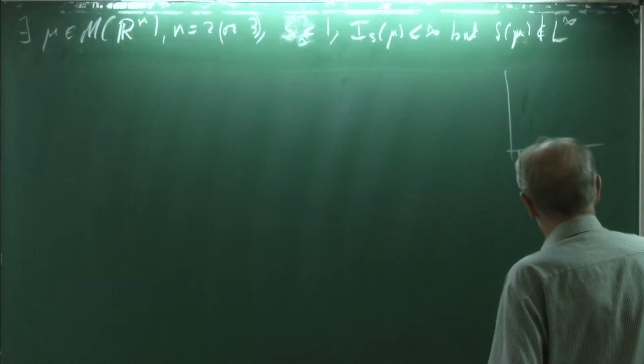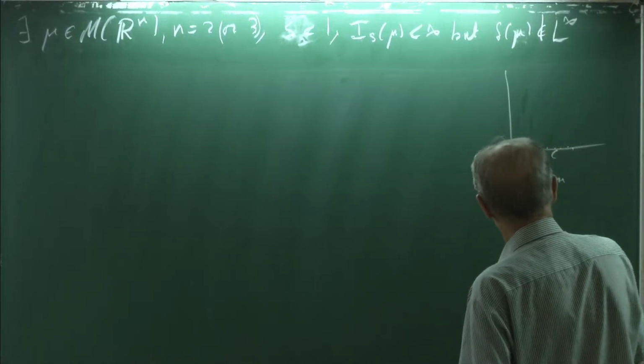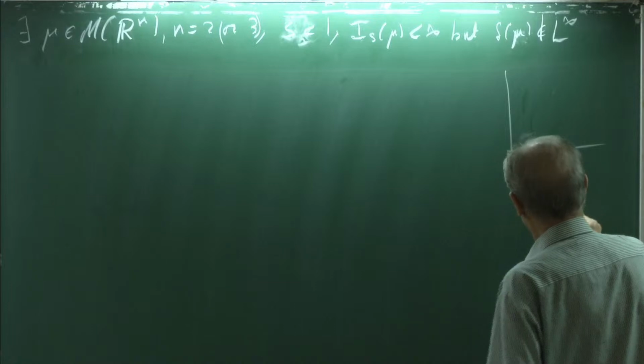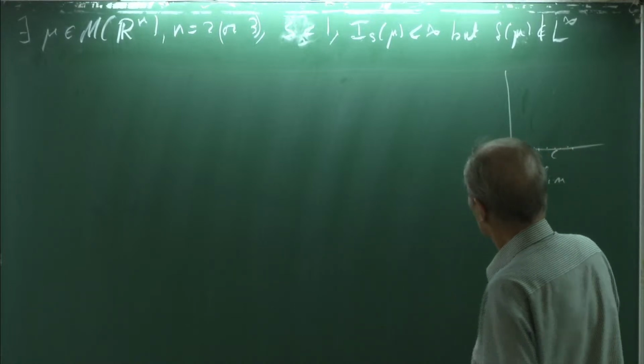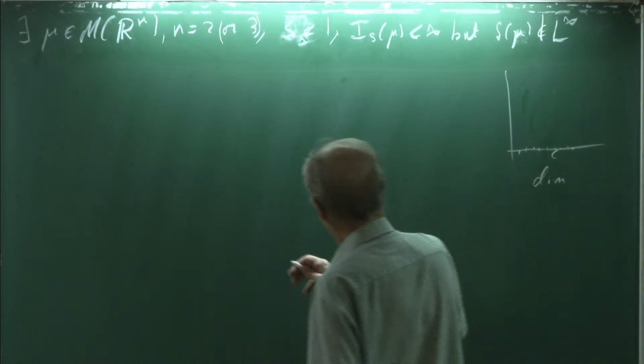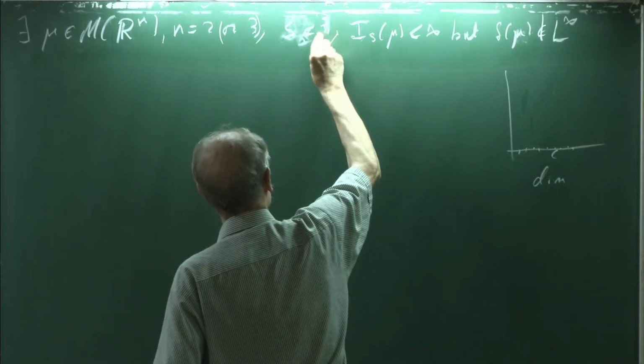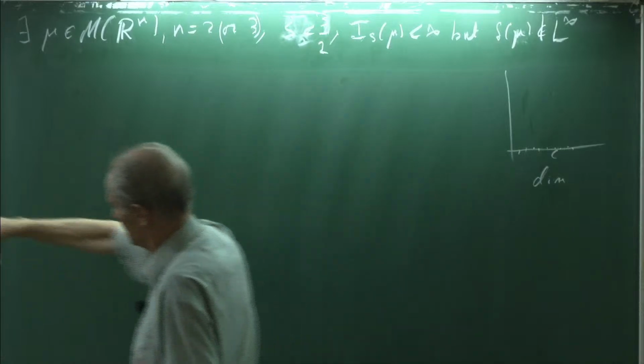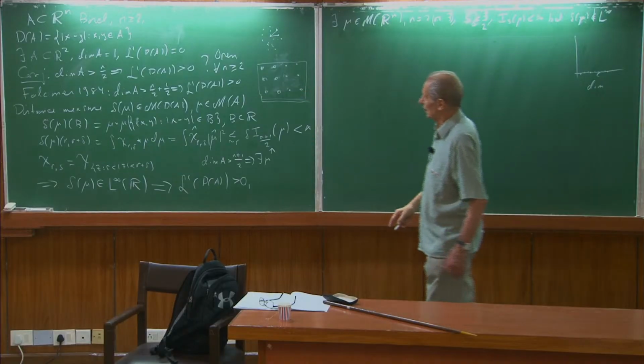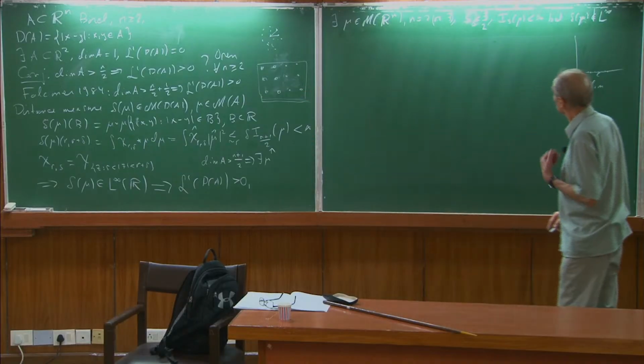And this example is that you take, no, not 1, 3 over 2. So this is the borderline I'm discussing, 3 over 2.